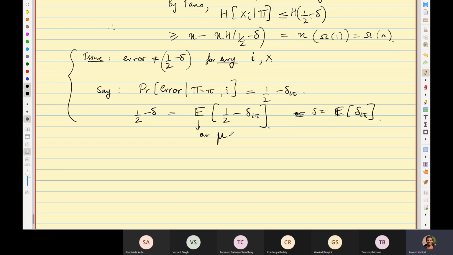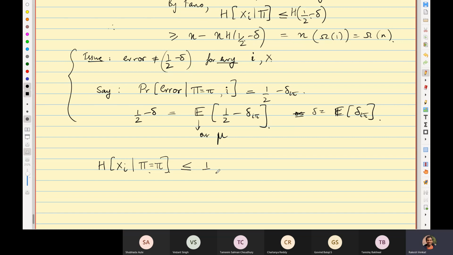Okay, so maybe we'll just write this out a bit more carefully. What we'll do is bound every H of Xi given pi, which is equal to, well, for this fixed thing, we have error at most delta i pi.